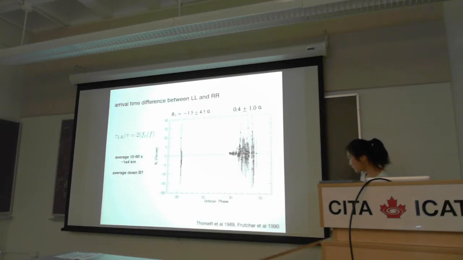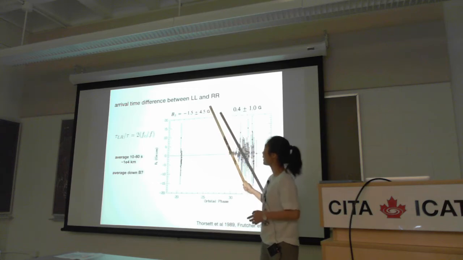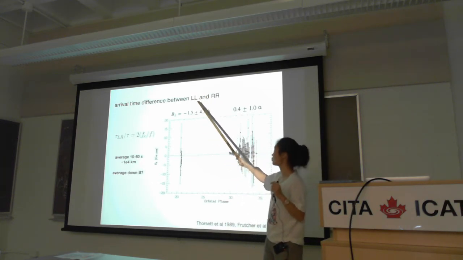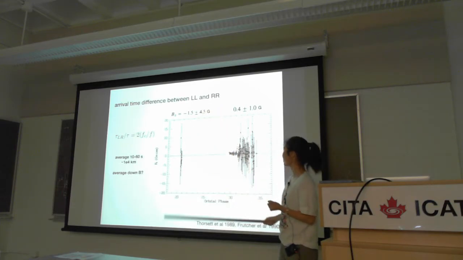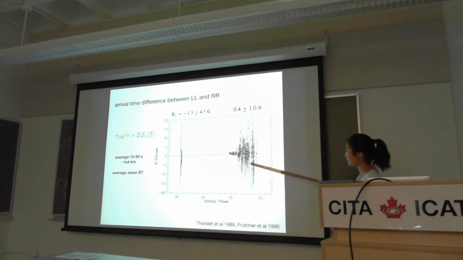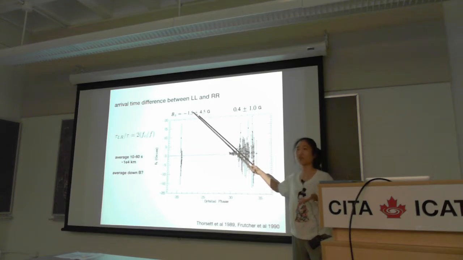Okay, dating back to 1990, people have already tried to measure the difference between the arrival times of these two circular polarizations. And this is their result. Although there are huge error bars, it seems to prefer a small magnetic field.